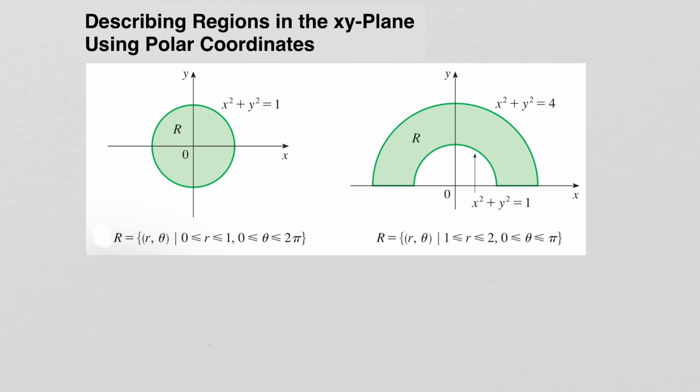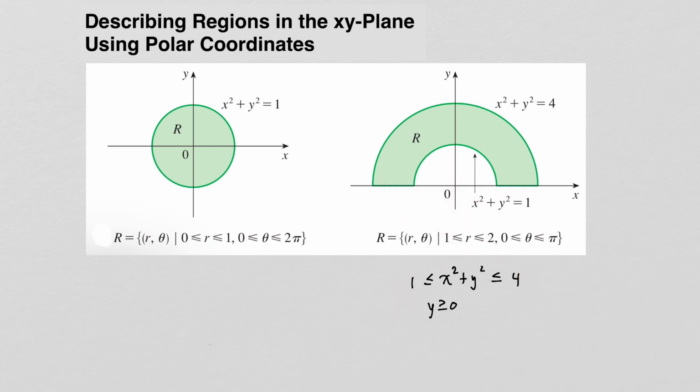To describe this using a rectangular equation, we would have to make a statement about x squared plus y squared equals 4, x squared plus y squared equals 1, and the fact that we want all the points in between there. And so we would have to say something like x squared plus y squared is between 1 and 4, but also y has to be greater than or equal to 0 because we are not taking any points down here.